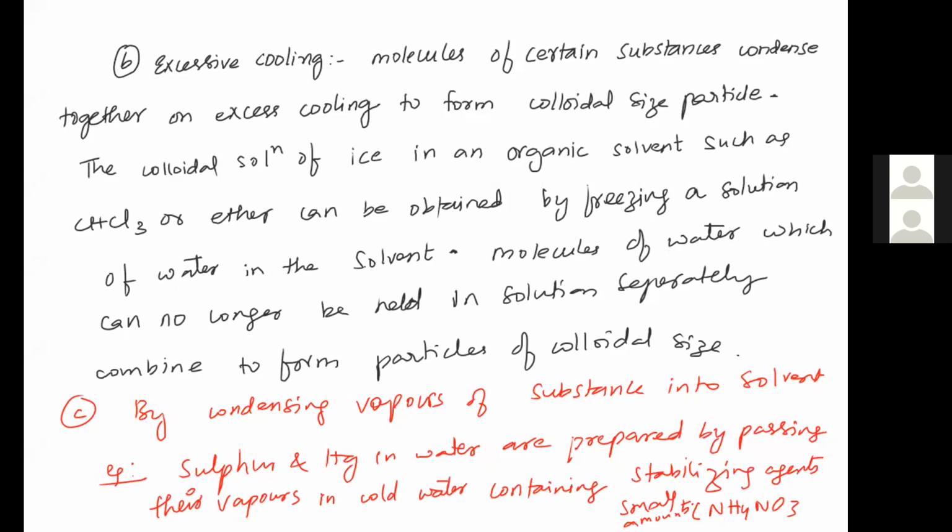Okay, so excessive cooling is the second physical method. By condensing vapors of a substance into solvent is the third physical method under the condensation methods.